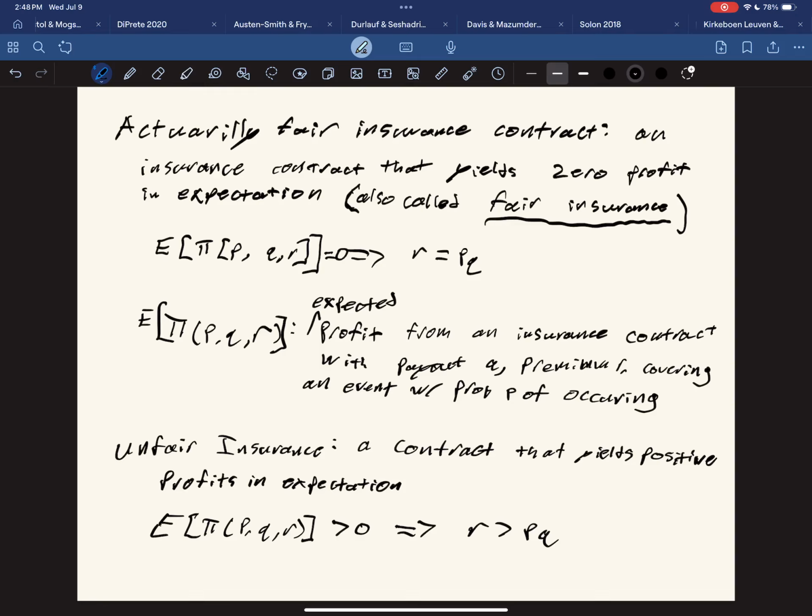And just to clarify, the profits are the profits of the insurance company here. So if in expectation the insurance company makes money off the contract, we say this is an unfair contract, and that means that the premium must be greater than the payoff times the probability I get the payoff, right?